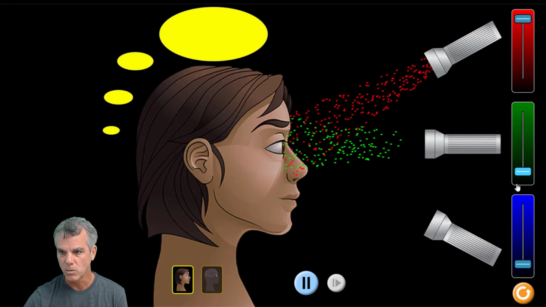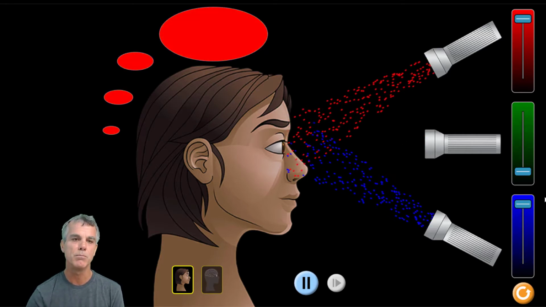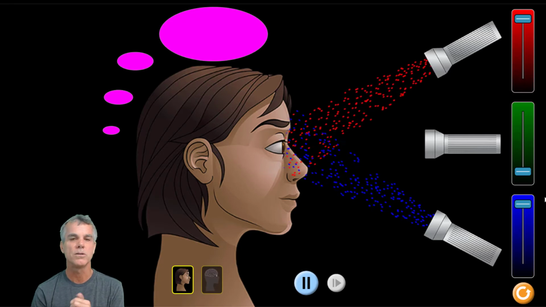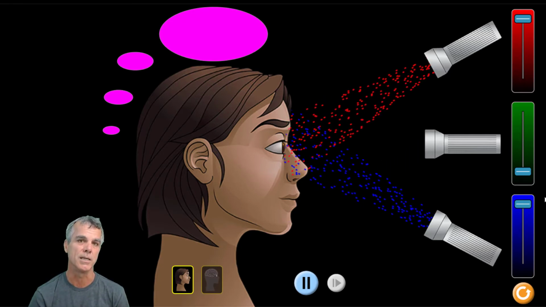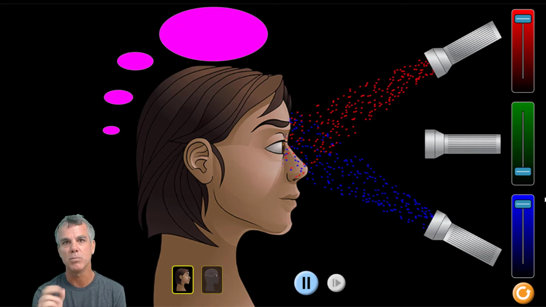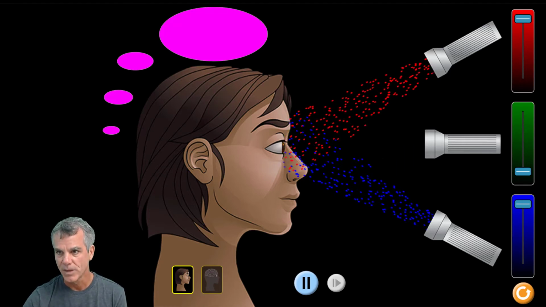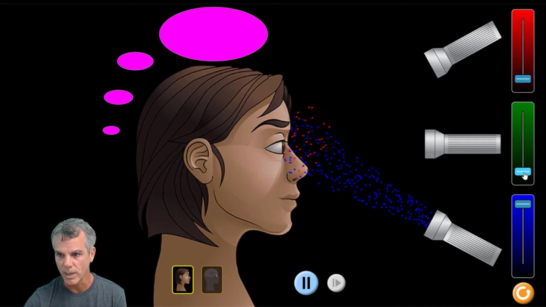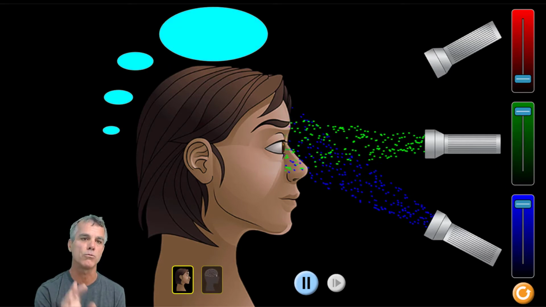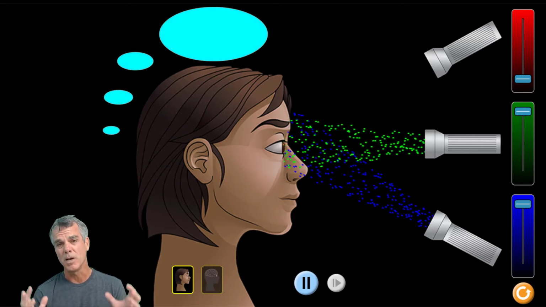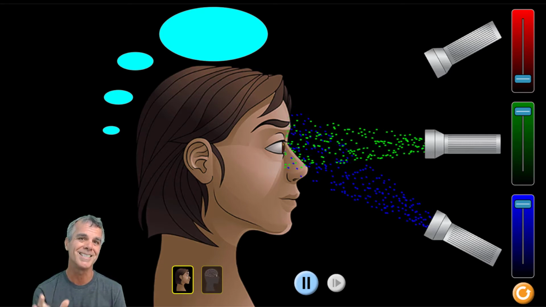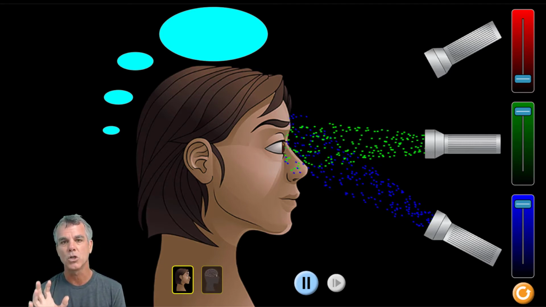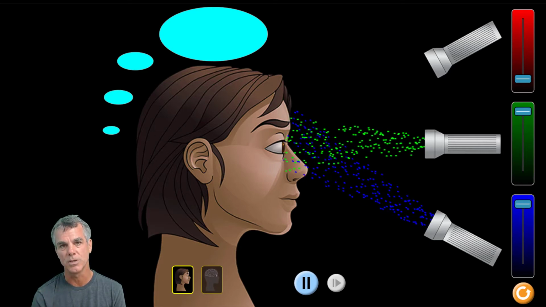If I have equal amounts of red plus blue, if my red cones are stimulated just as much as my blue cones, then I see magenta. So red plus blue equals magenta. And then finally, if we have equal amounts of green and blue, so if my green cones are stimulated just as much as my blue cones, then I see cyan. So green plus blue equals cyan.